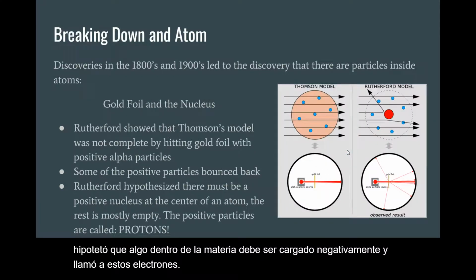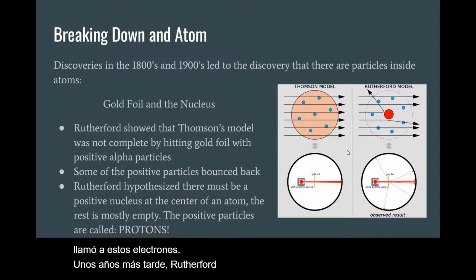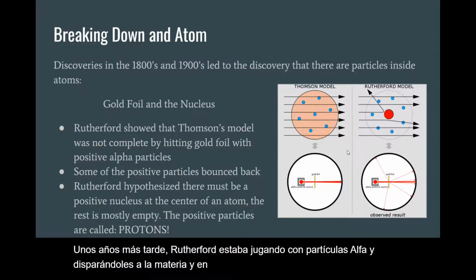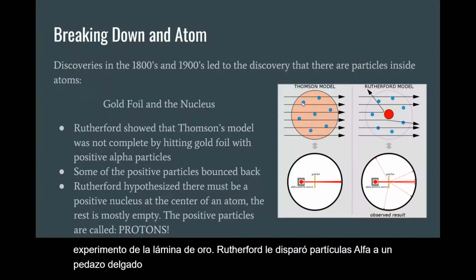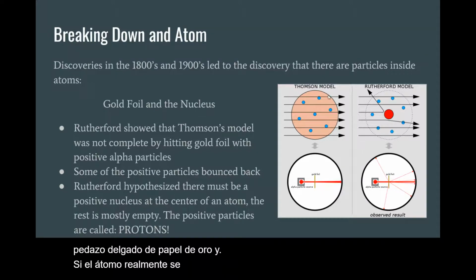Now, a few years later, Rutherford was playing with alpha particles and shooting them at matter. In his famous experiment called the gold foil experiment, Rutherford shot alpha particles at a thin piece of gold foil. If the atom really looked the way Thomson thought, then he expected the particles to go right through the atom.